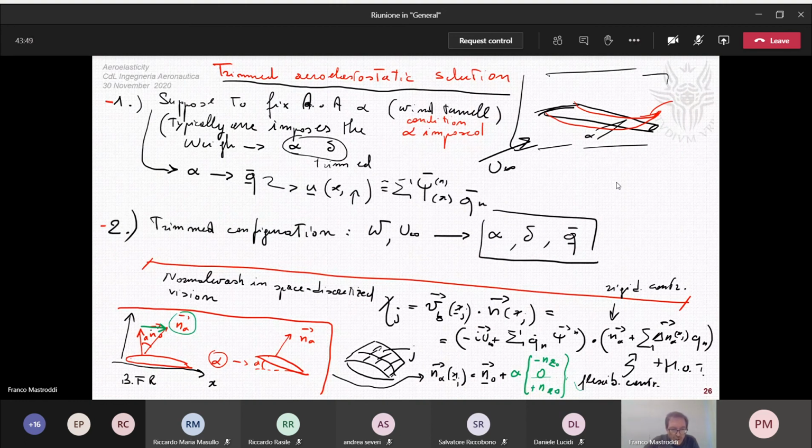And if you want to express in a plane y equal to constant, which is the plane of a section of the wing, in this plane you can approximate a rotation of the normal just taking the two components of the normal in this plane, which are n0x and n0 zeta, and you can just invert the components and exchange the sign of one of them.